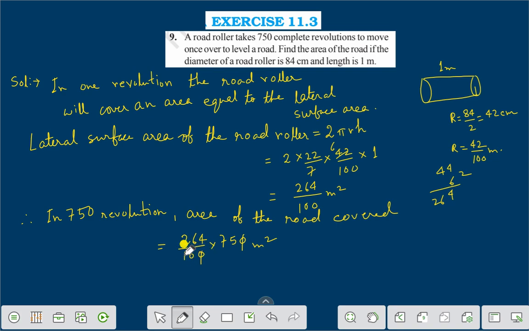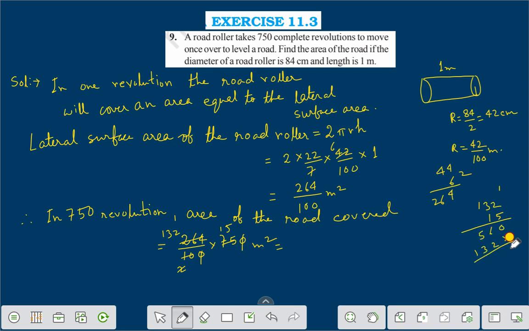Then 132 into 15. If we multiply 132 into 15, then we are getting 5 twos are 10, carry 1, 0. 5 threes are 15 plus 1 is 16, carry 1, 5 ones are 5 plus 1 is 6.